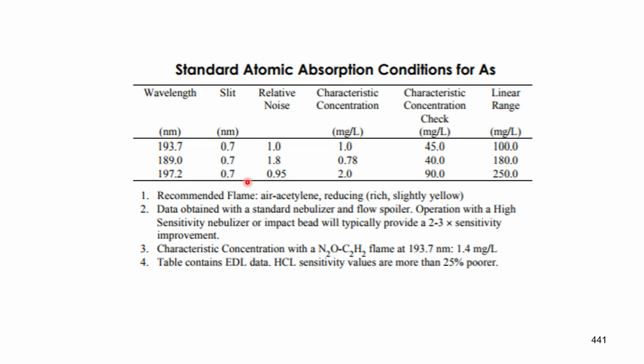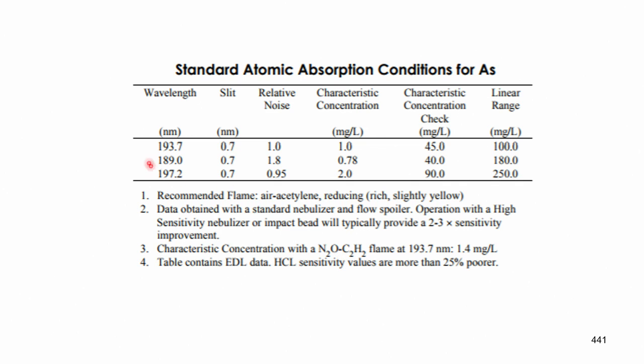So, people prefer EDL, that is electrodeless discharge lamps. Compared with the hollow cathode lamp, sensitivity data are about 25% better. That means the intensity of the radiation coming out from the EDL is about 25% better than the hollow cathode lamp.